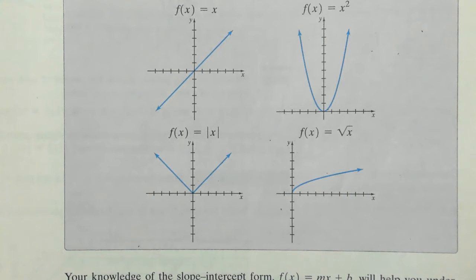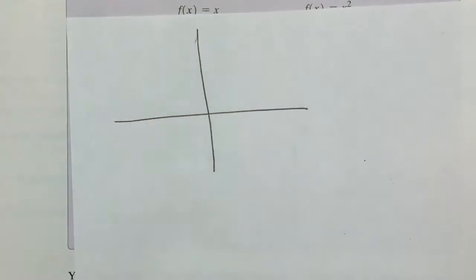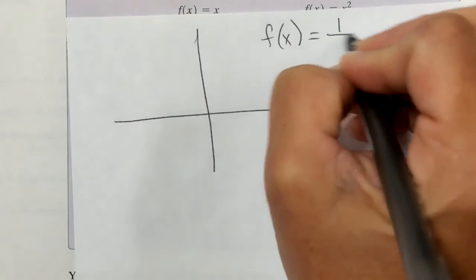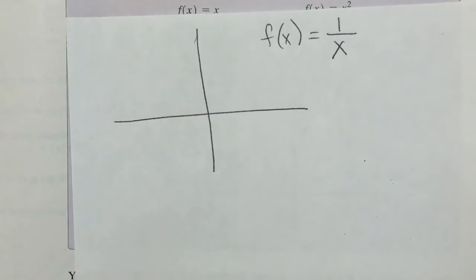One that's not listed on here that you need to know is reciprocals. Okay, so reciprocals are going to be f of x equals 1 over x.